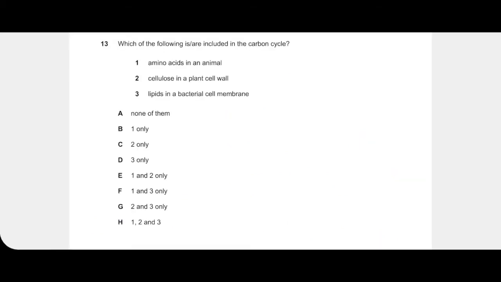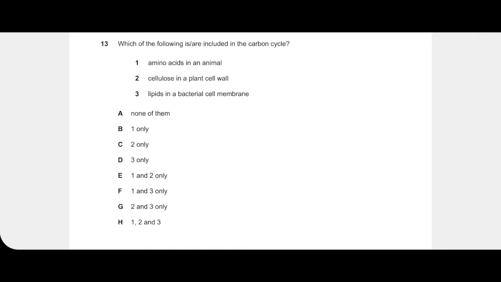Question number 13. Which of the following is included in the carbon cycle? Statement 1, amino acids in animals. Statement number 2, cellulose in plant cell walls. And statement number 3, lipids in bacterial cell membrane.